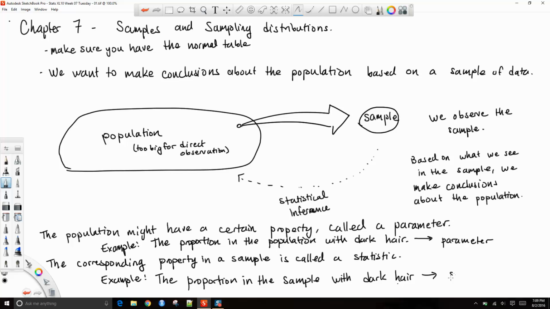And this is called a statistic. So you'll have these quantities that are unknown to us in the population. Those are called parameters, and their corresponding property from a sample is called a statistic.